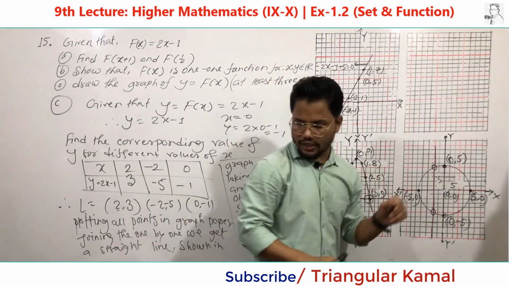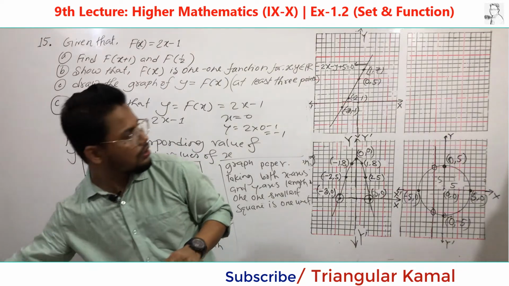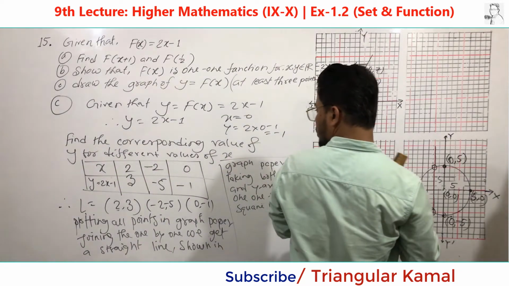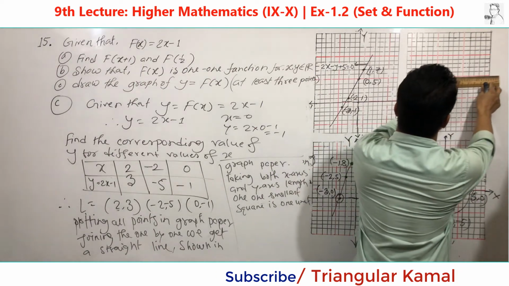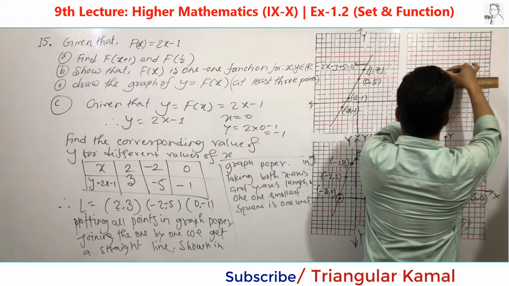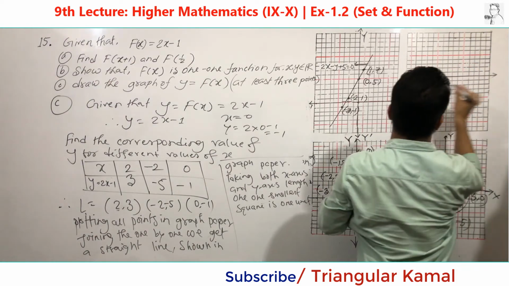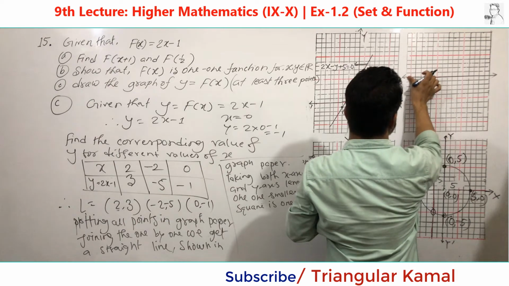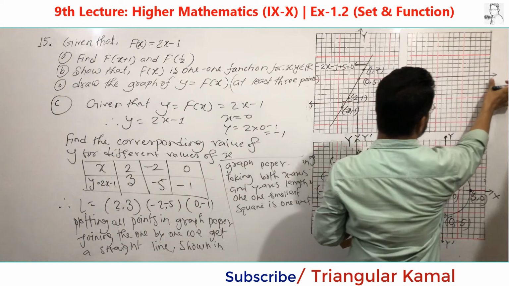First draw the x and y axes here. This is the negative side of x, so this one will be x prime.